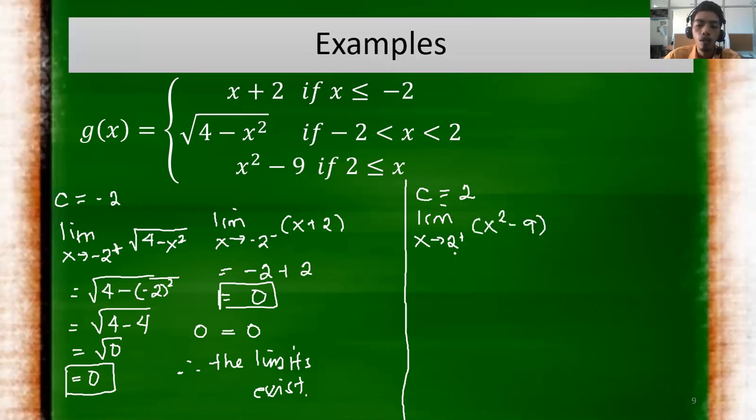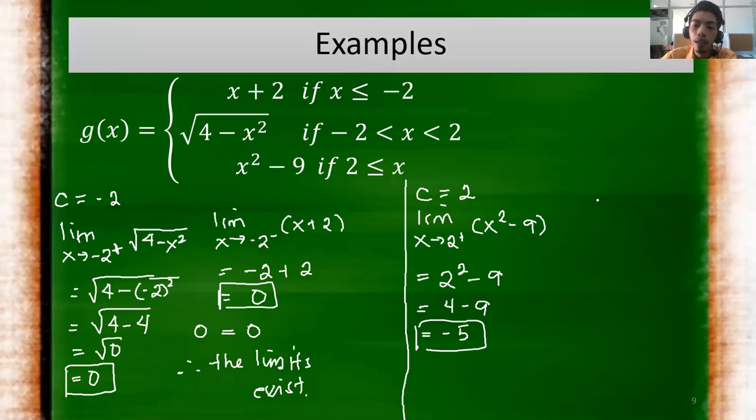Okay. So as you can see, we are going to substitute 2 by x. So you have 2 squared minus 9. And then you'll have 2 squared is 4 minus 9. This will give you negative 5. Okay? So, ating right hand limit is negative 5.